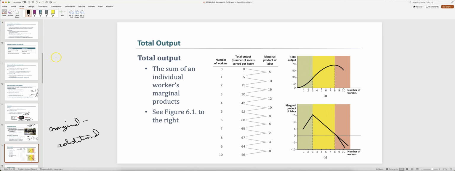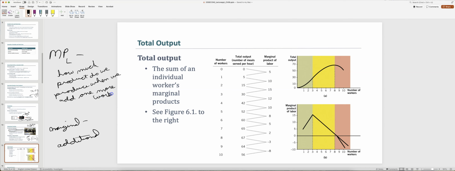So if I'm looking at what we would call here the marginal product of labor, what we're saying is how much additional product do we get when we add 1 more worker? So the worker here would be the variable input.